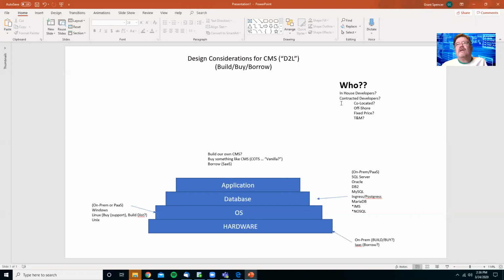If we don't have the developers, are we going to hire new ones to add to our team? It's interesting when you think about it. When you hire somebody to build the CMS system, that's awesome. But when the CMS system is finished, do you still need all of them?